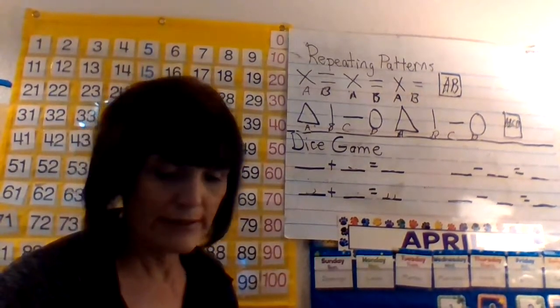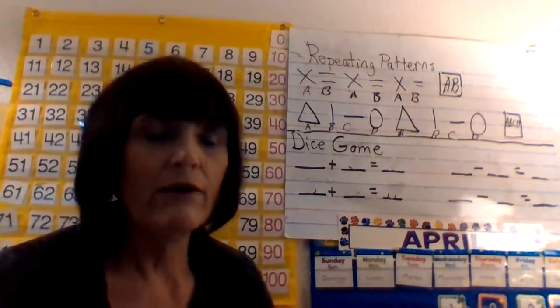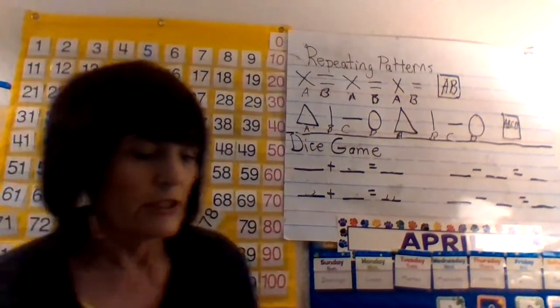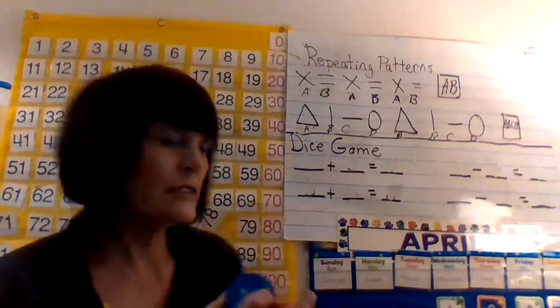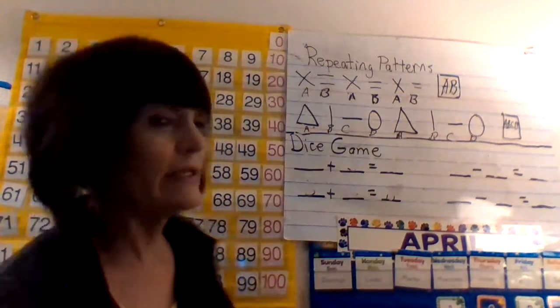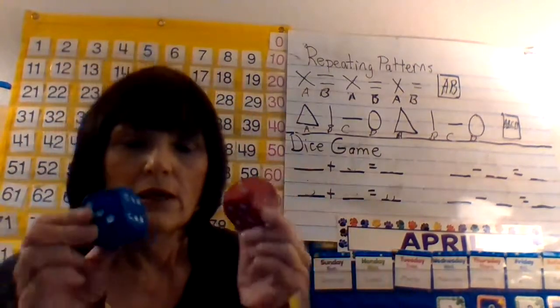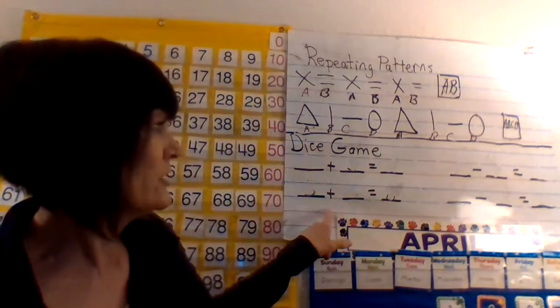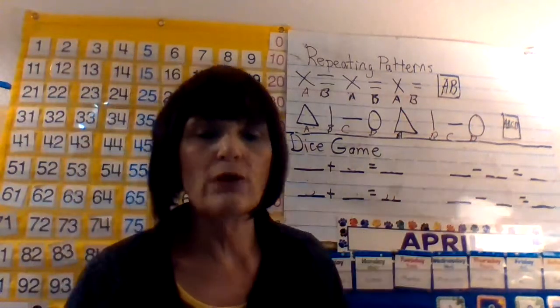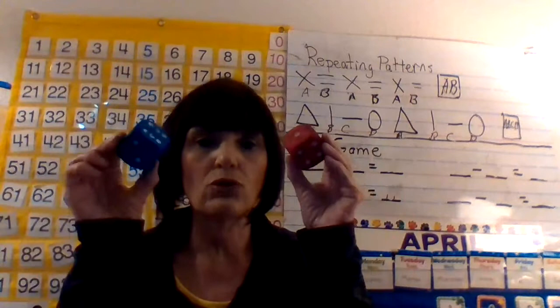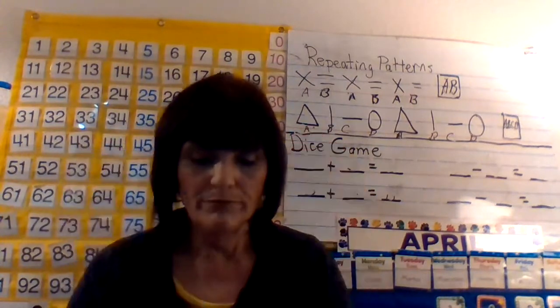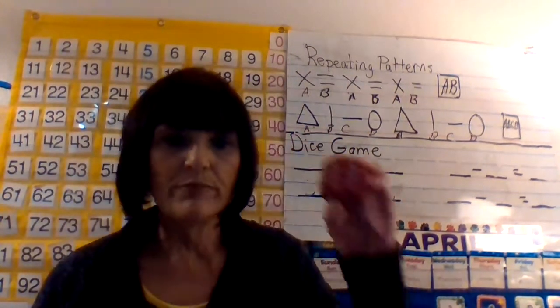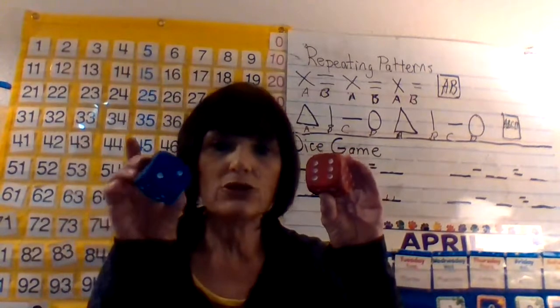All right, right now I would like you to get your dice. We're going to do the dice roll game. We're first going to do addition, and then we're going to do subtraction on our dice roll game. Here we go. I'm rolling them. Oh, 6 plus 2.